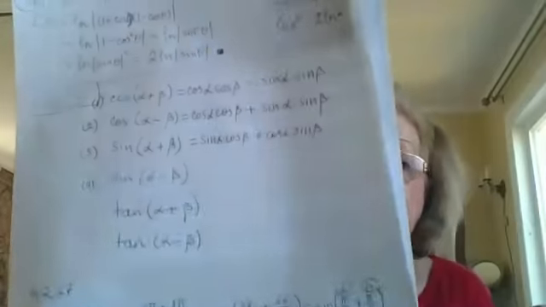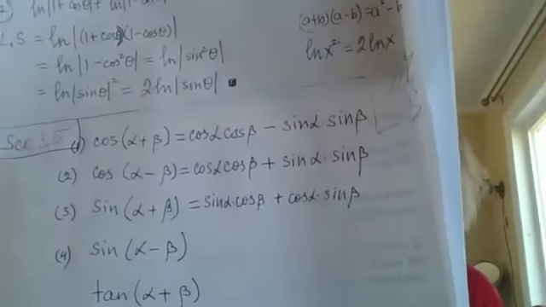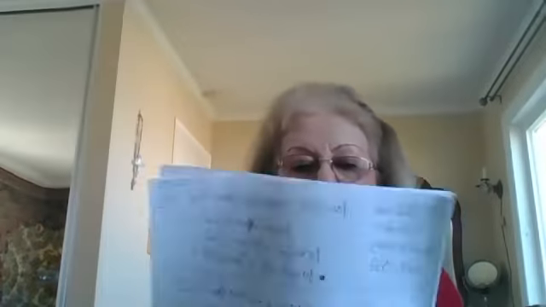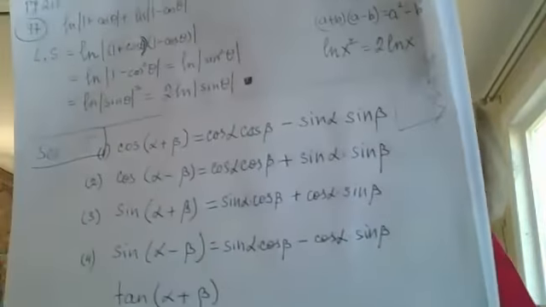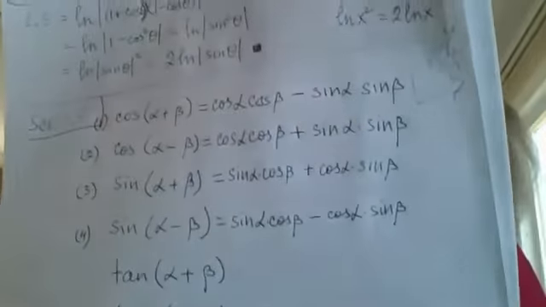Let's actually show what we have in formula number 4. Formula number 4 is sine of alpha minus beta. Let me expand this to you, and after that we will continue with that problem. This is what you have for number 4 formula.